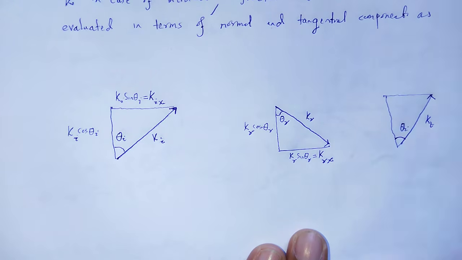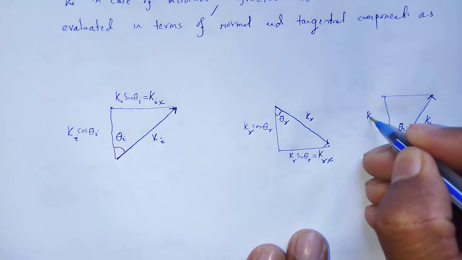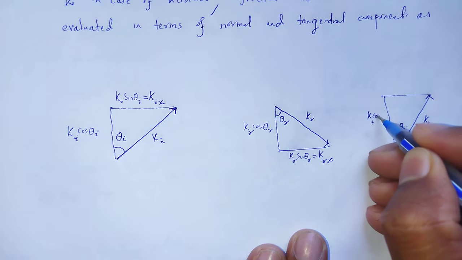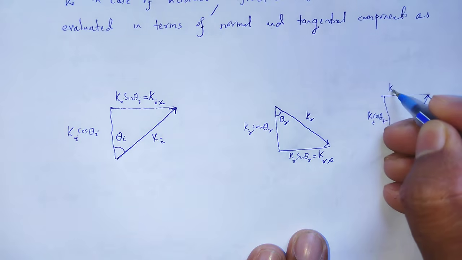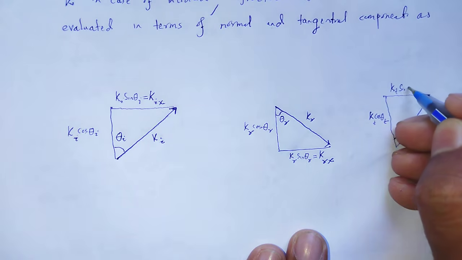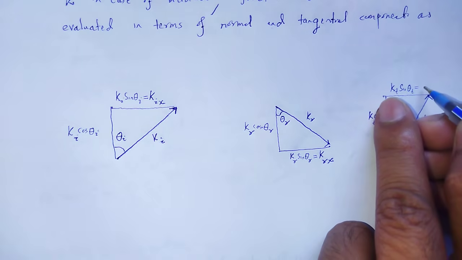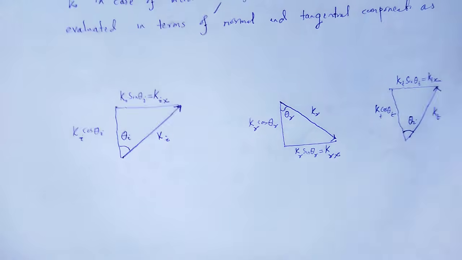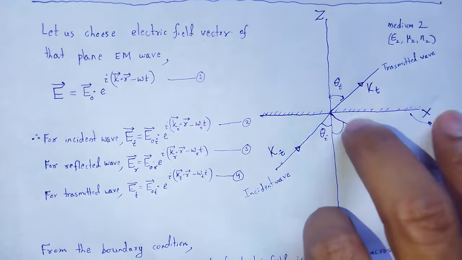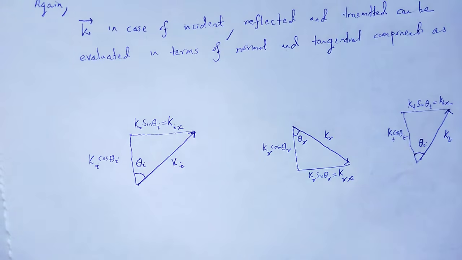We resolve that vector as k t cos theta t. Here is k t sin theta t, and the x component of that transmitted vector, k tx.